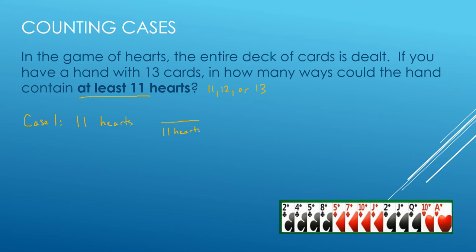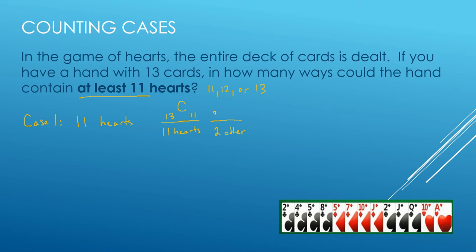So I'm going to set up a little calculation here. We have to think: how many ways can I get my 11 hearts, and then how many ways can I get my 2 other cards? So we're going to use combinations. There are 13 hearts in total, and we're choosing 11 of them for our hand. That's the number of ways to choose which 11 hearts you get. For the two other cards, they can't be hearts because we only want 11, right?